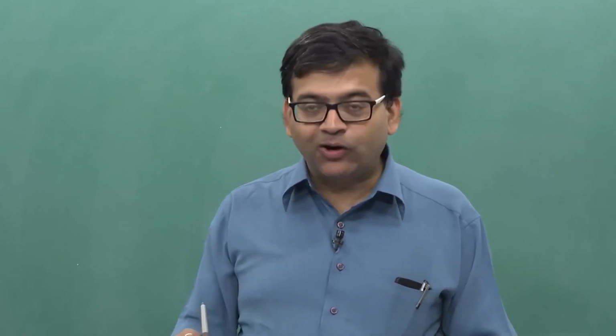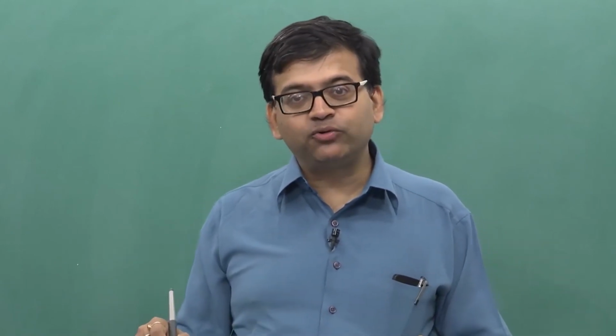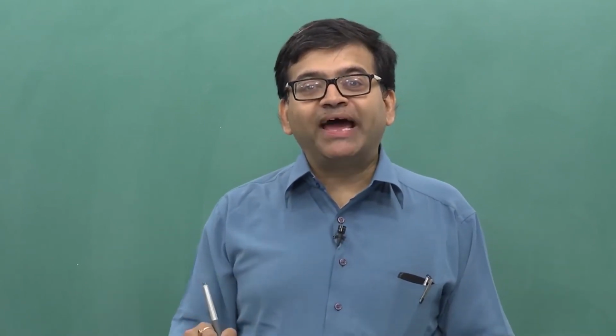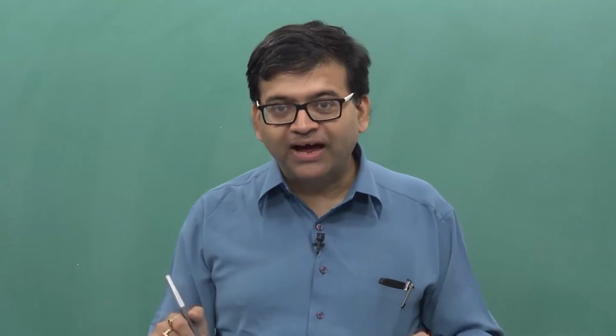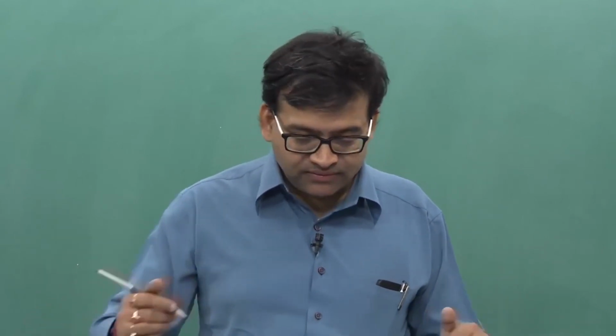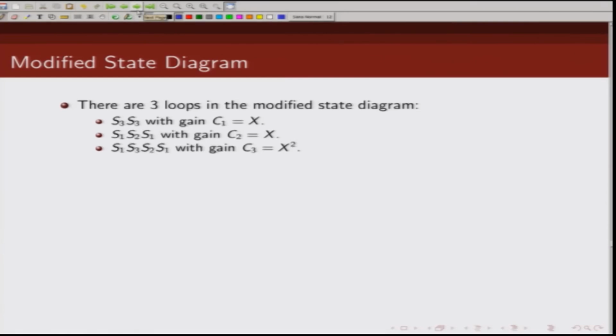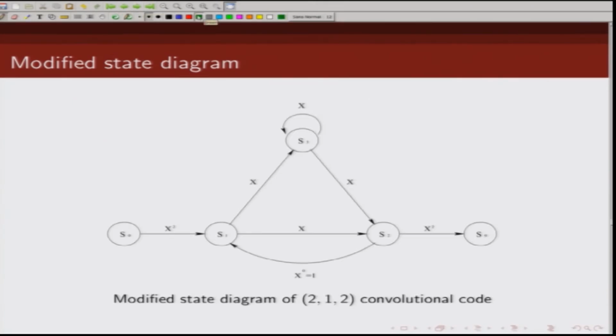We need to find out deltas corresponding to these forward paths, and then we need to apply Mason's gain formula to get the weight enumerating function. So, first we find out what are the loops. So, there are 3 loops in this. One is a self loop around this state S3. You can see there is one loop.